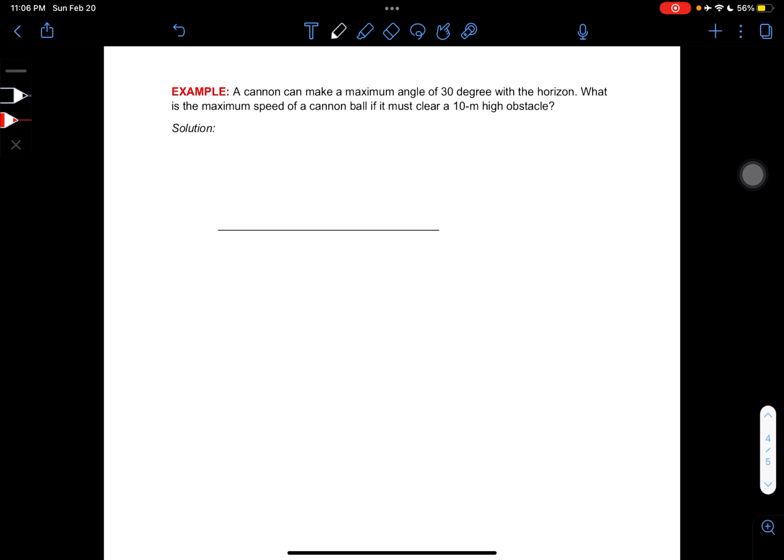So naa siya a cannon nato, assume nato cannon na ha. So naa daw tay cannon na nag-travel. So naa siya giingon nga maximum angle, so na-given siya, so therefore our angle is 30 degrees.